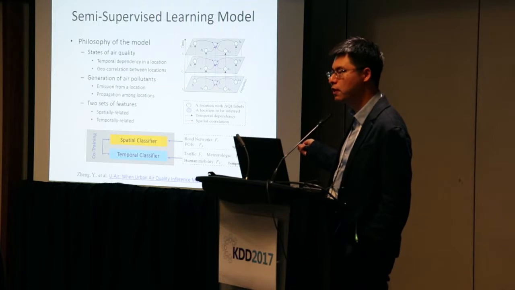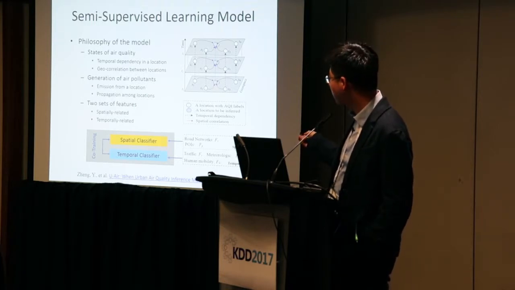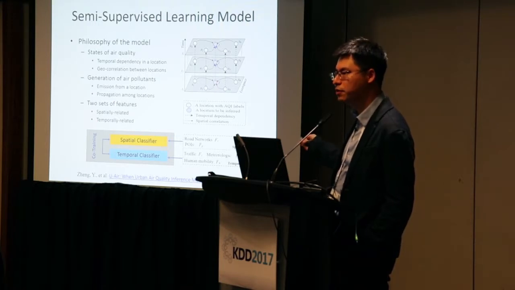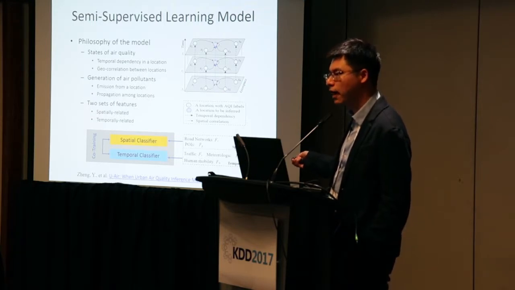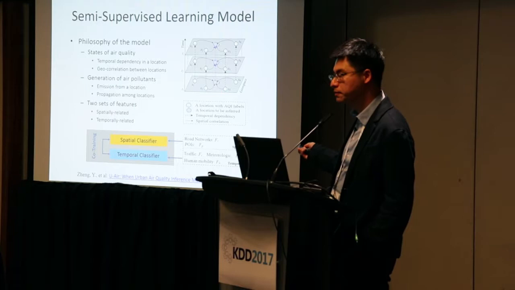That means we can predict the air quality based on its spatial neighborhood. We can also predict the air quality based on its own data, like meteorological data and human mobility data in the location. So we have 2 dedicated classifiers corresponding to the 2 views.